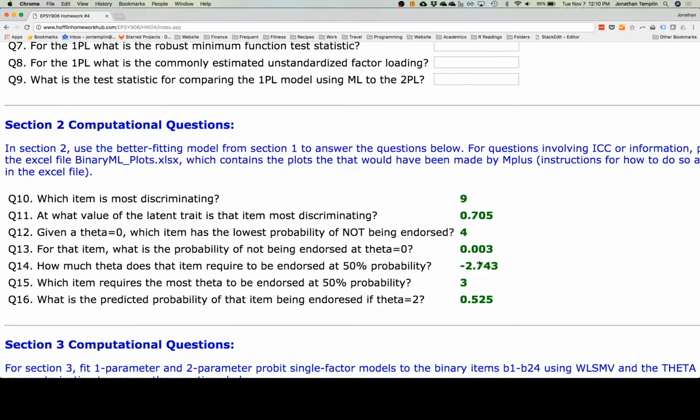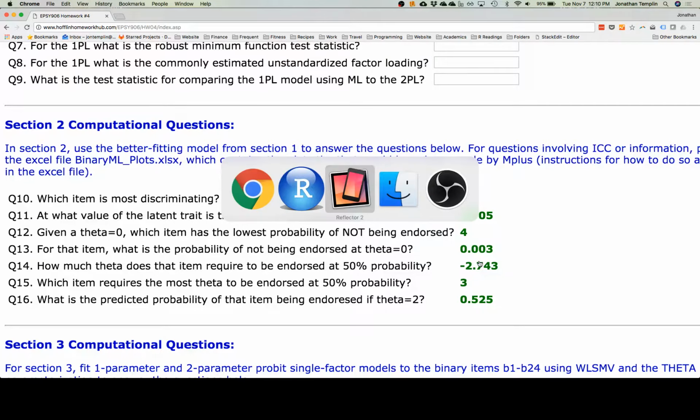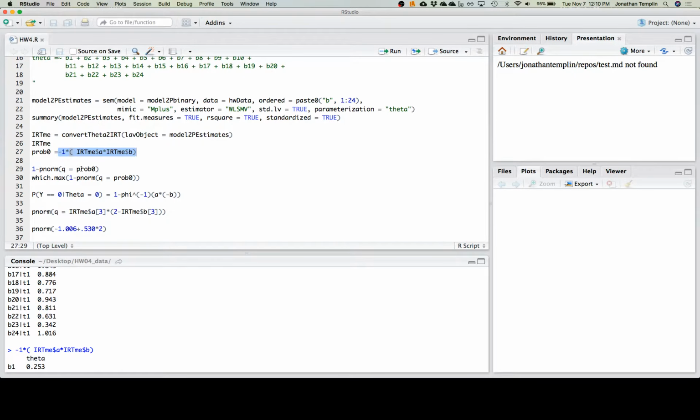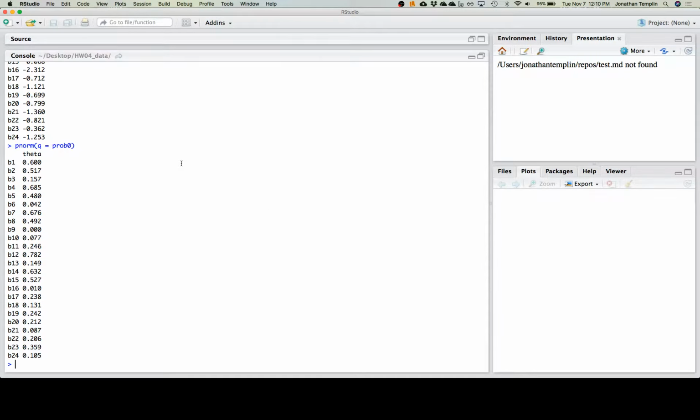If we wanted to figure out what the probability attached to that happens to be, in R that is the pnorm function. So if we did pnorm itself, this gives the probability each of the item responses would be equal to 1 at theta equals 0.